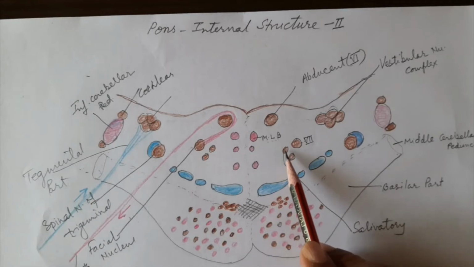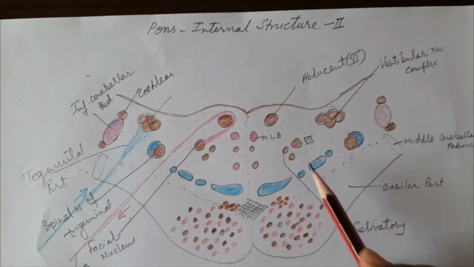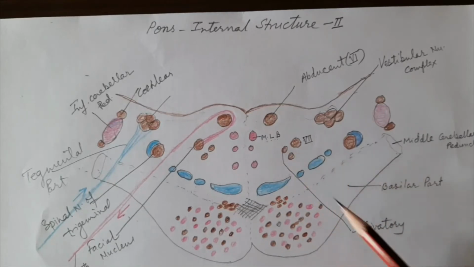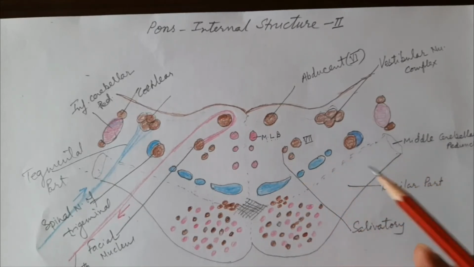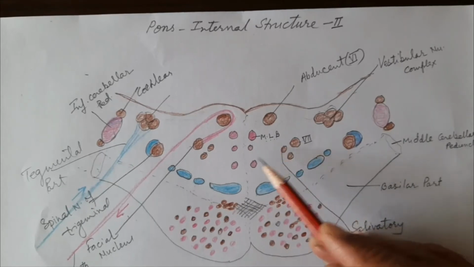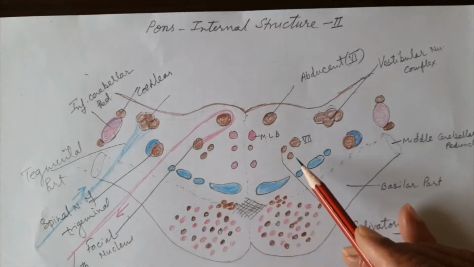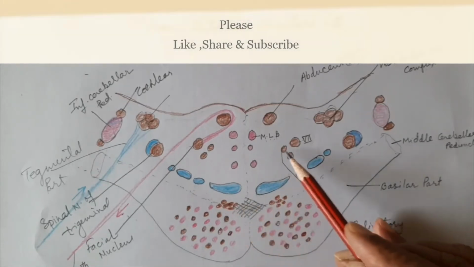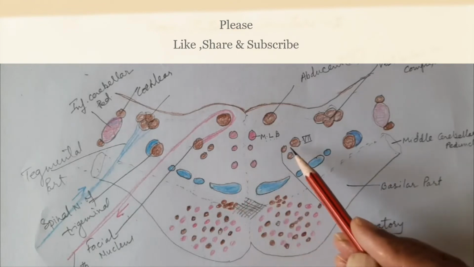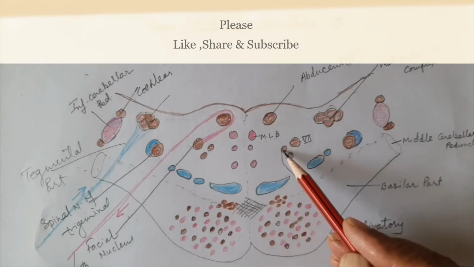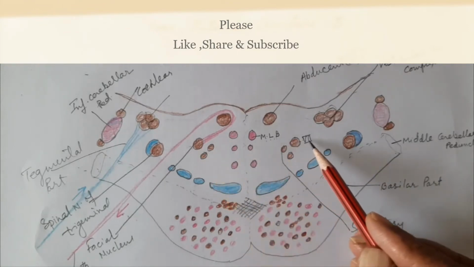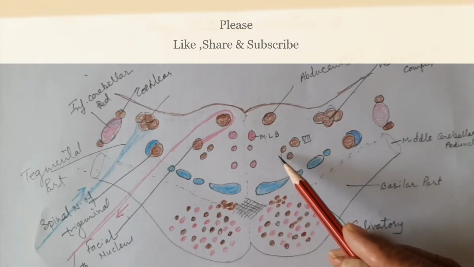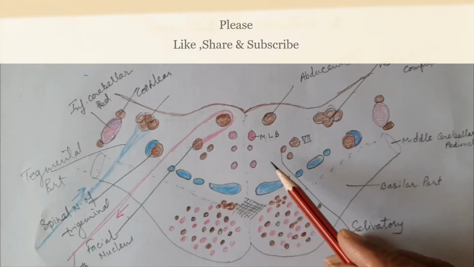All these nuclei are parasympathetic nuclei associated with glands for secretion, mostly the salivary glands, and their fibers go along with those of the facial nerve or the glossopharyngeal nerve. The salivatory nucleus is situated medial to the nucleus of the seventh cranial nerve here. So just remember this, that is the salivatory nucleus.